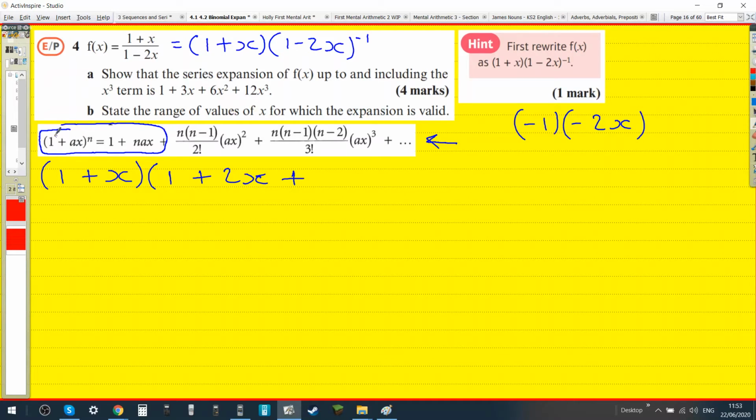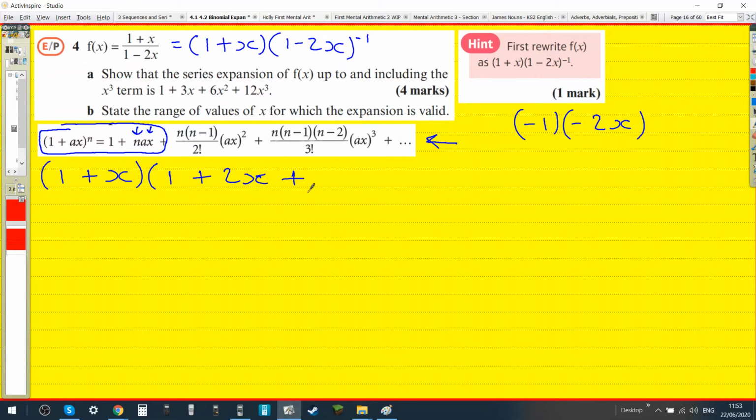So 1 plus ax to the n. What is n in our one? Minus 1. What is a? Minus 2. And so minus 1 times minus 2x.